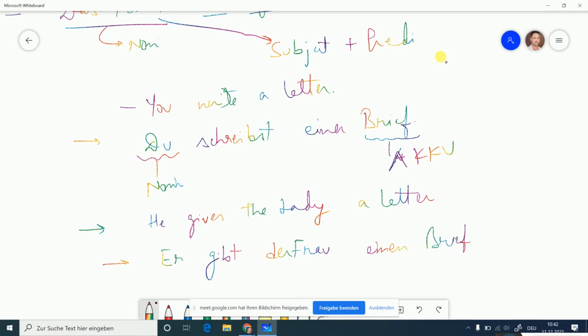So er is nominative, Brief is accusative, and Frau is dative. Exactly. Once again, here the same rule applies. There is a human being involved. I mean, if you are getting confused between two things, find out the human being, it's dative. And to whom or for whom things is done is dative. So der Frau is the receiver and this is the object, so it's accusative. Simple.